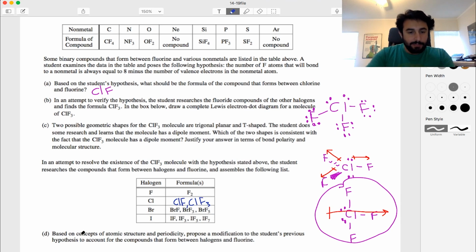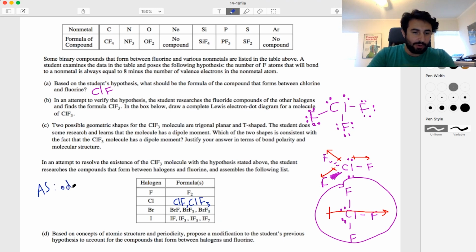So based on concepts of atomic structure and periodicity, propose a modification to the student's previous hypothesis to account for the compounds that form between halogens and fluorine. So when we're talking about atomic structure, we are noticing that all of the compounds, not elemental fluorine, but all of the compounds, have an odd number of fluorine atoms, right?